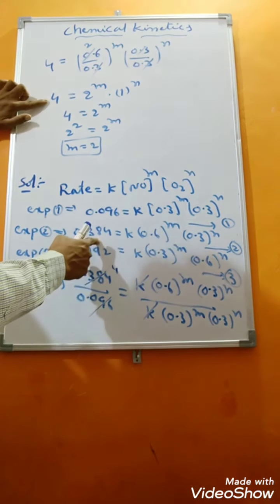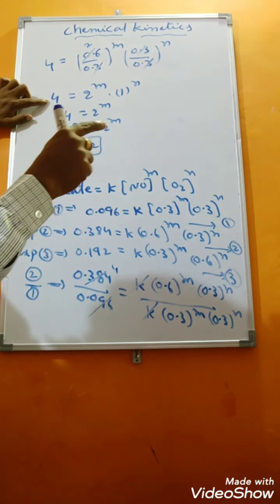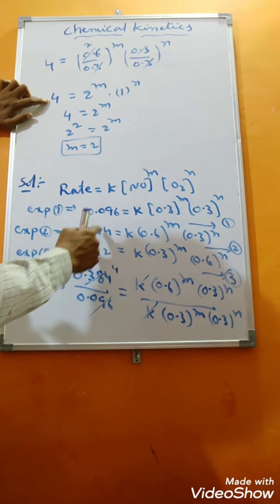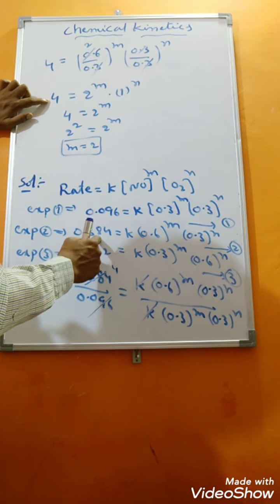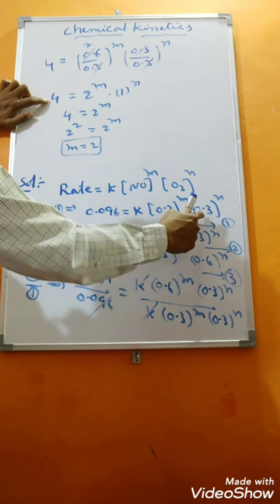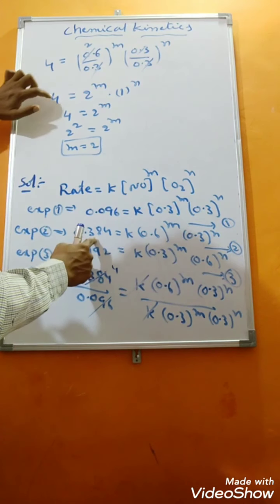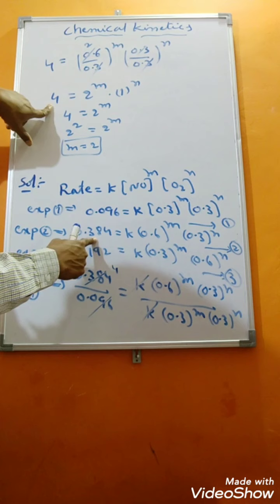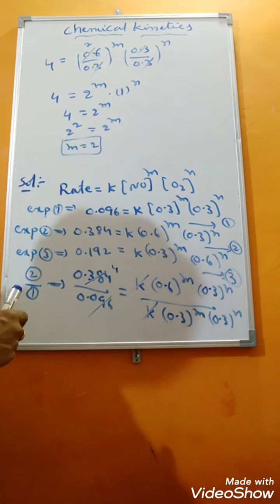You can also solve directly by looking at the numerical data. By changing the concentration of NO, doubling it while keeping O2 constant, the rate becomes 4 times. That only we have taken, students. Got it? So we have got the m value as 2.